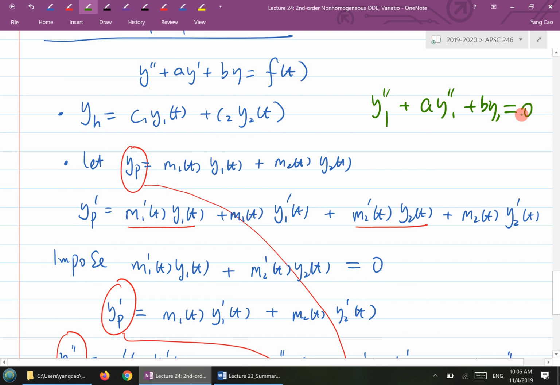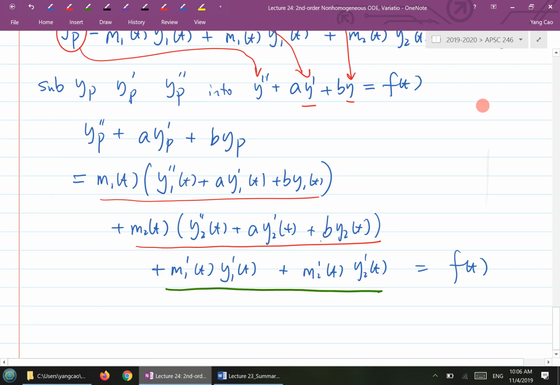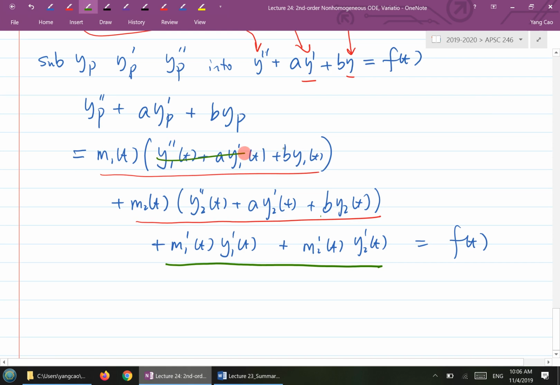Same thing for Y2. So basically you get this gone. You will only have the last two terms left. That's actually part of the beauty of the condition we imposed in the previous steps.